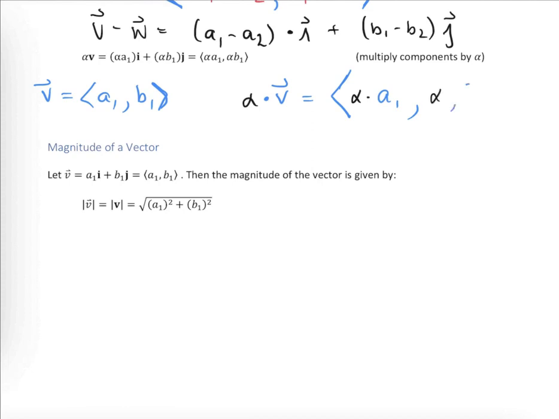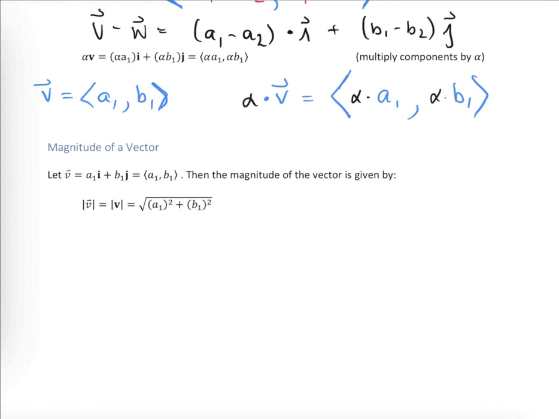If we're going to shrink the whole vector, then we're shrinking the horizontal and the vertical components by the same quantity, right? So it kind of looks like we're distributing that scalar multiple into the components of the vector.